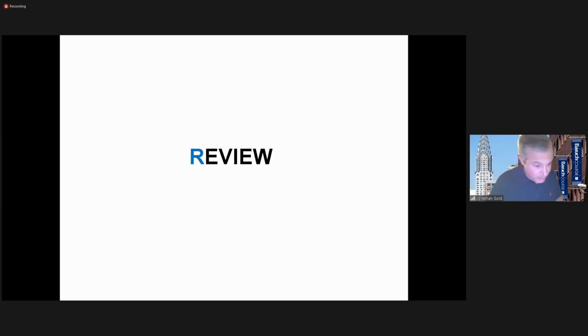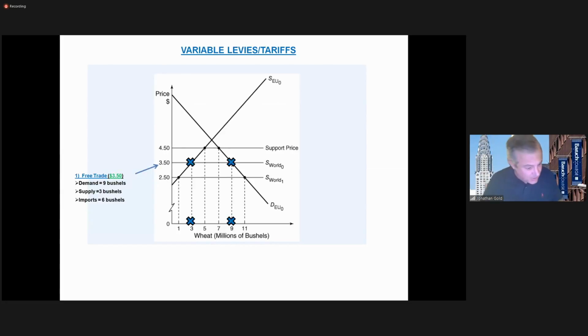So in terms of reviewing where we were last week, in the end of chapter 8, we focused in particular on variable levies and tariffs. And we said what? A variable levy and tariff is just like a regular levy, except that it moves up or down depending upon the price of the producer.